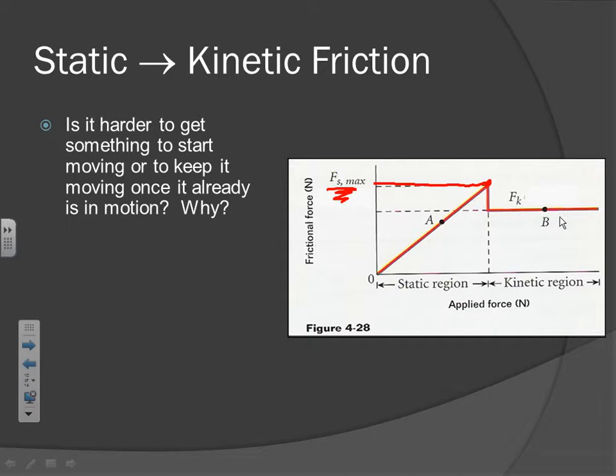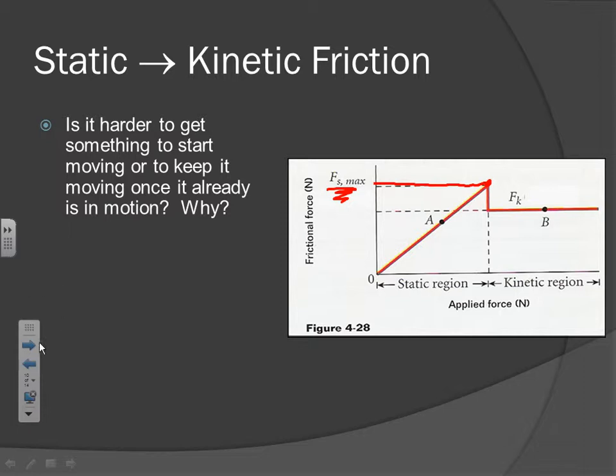And also, what do you see about the frictional force that it experiences once it's already moving? It's constant. We refer to this as the kinetic region. Kinetic implies what? We talk about something being kinetic, that means that it's what? Moving, right? Or changing, right? We've run into kinetic energy already this year, right?